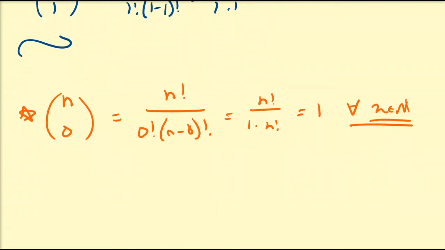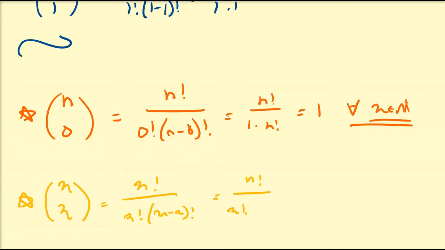So that's useful. Also, n choose n is going to be n factorial over n factorial times n minus n factorial. That's n factorial over n factorial, and n minus n is 0 factorial, which is 1. So that's also equal to 1 for all n in the set of natural numbers.